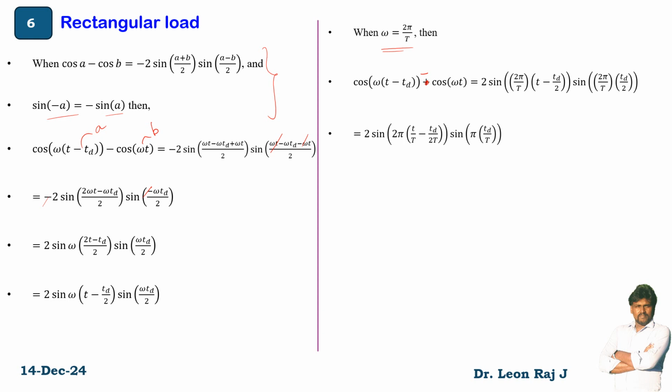It is further simplified and rewritten as 2 sine 2 pi into small t minus td by 2 over capital T, into sine pi td by T. So your response for t less than td is nothing but this all one.